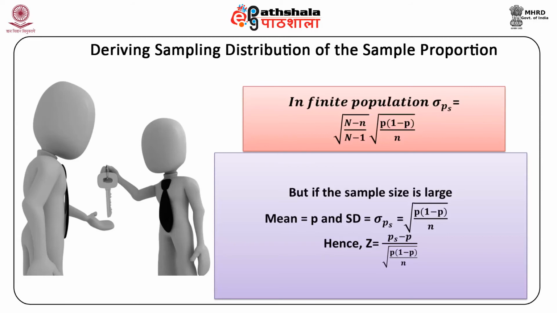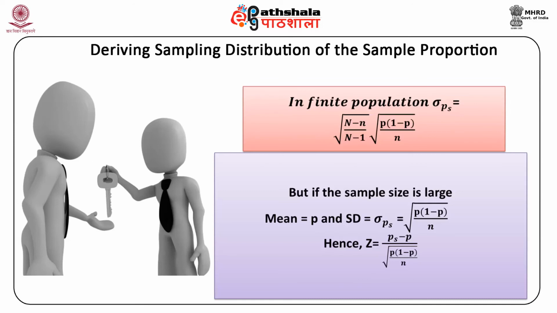However, if small n by capital N is greater than 0.05, the finite population correction factor, under root of (capital N minus small n) divided by (capital N minus 1), is to be used.